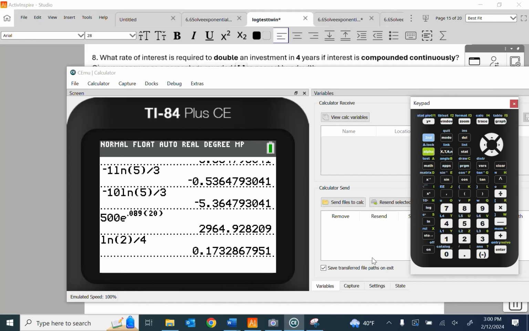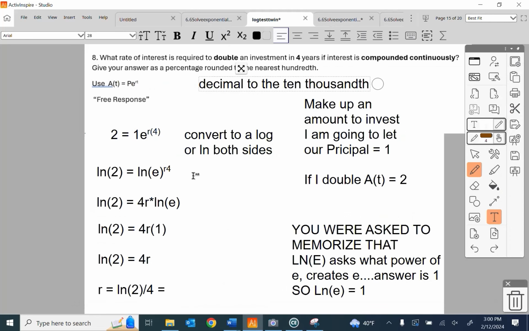I got the decimal 0.1733, which is going to be 17.33%, which makes sense because the thing is doubling in 4 years. It's got to be a very high rate of interest. 17.33% annually. So it's got to be up there.